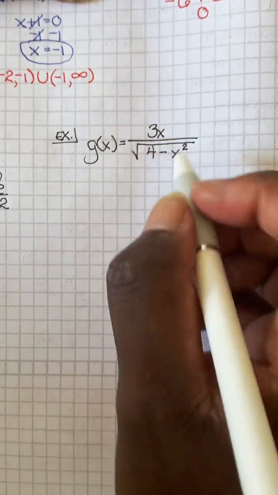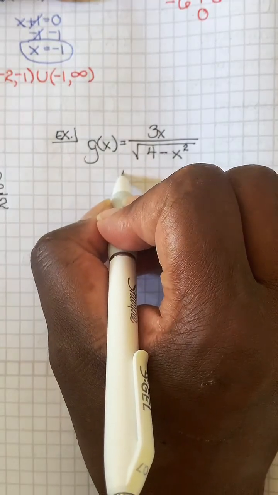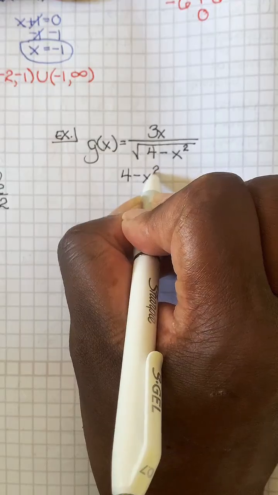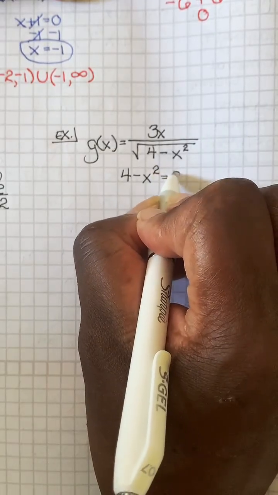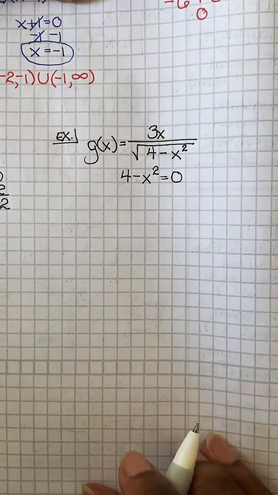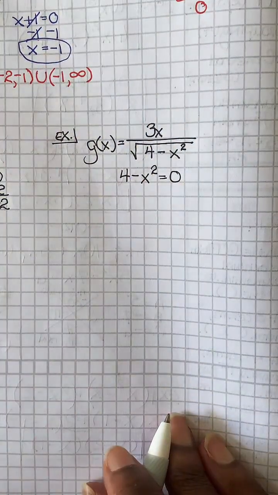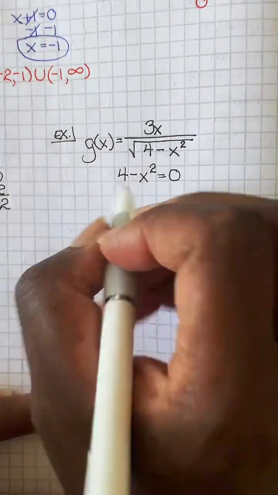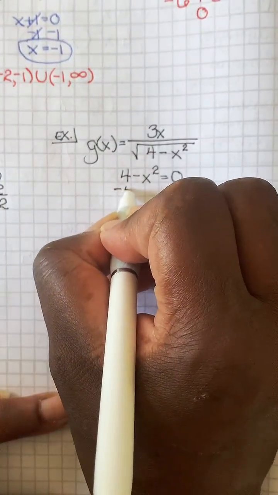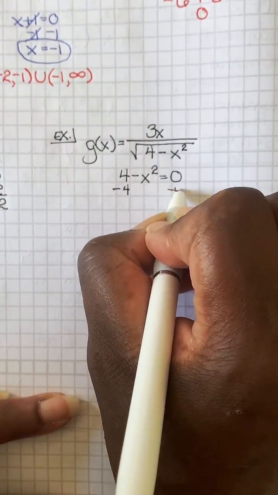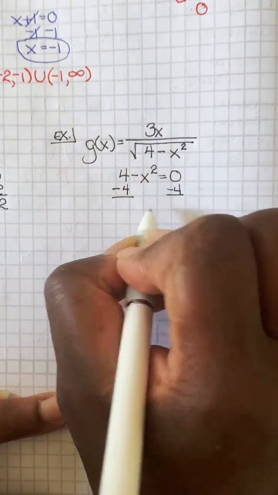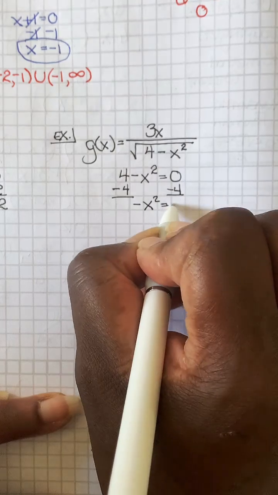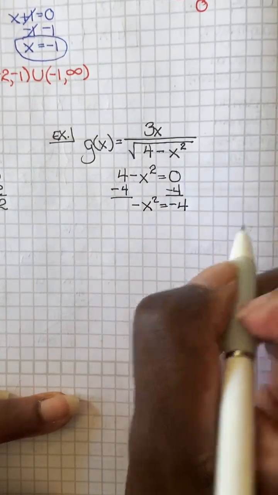So we're looking to see what is going to make our denominator equal to 0. So first we're going to subtract 4. Then we have negative x squared is equal to negative 4.